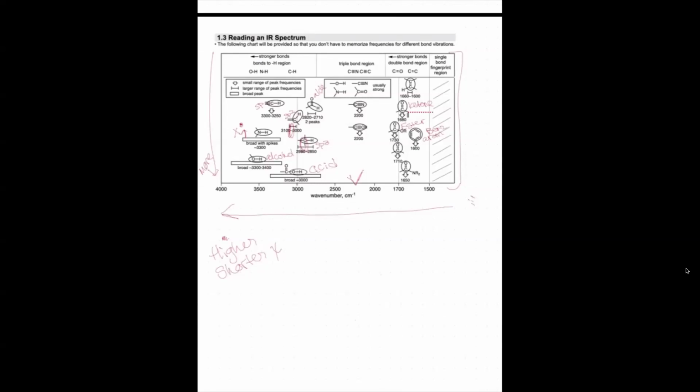Yeah, go ahead, sorry. No, you're fine. I was just gonna say, so then the statement on the previous page, on page 5, I guess I'm just reading it wrong, because it says CH bonds vibrate with this frequency, and they are distinguished from OH and NH because they are sharp.